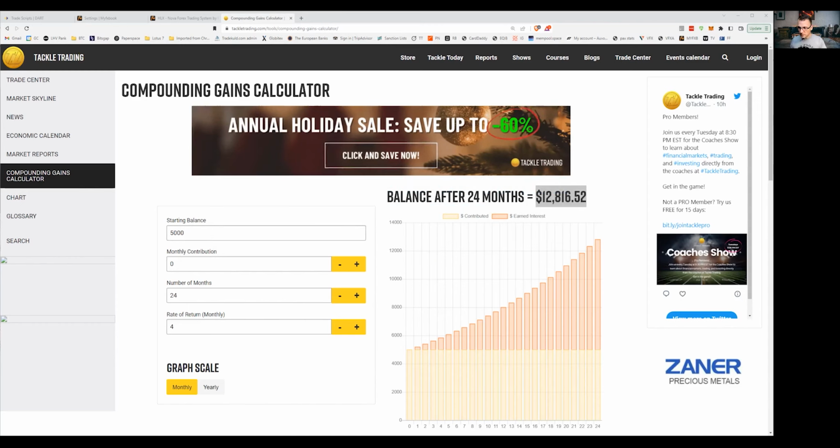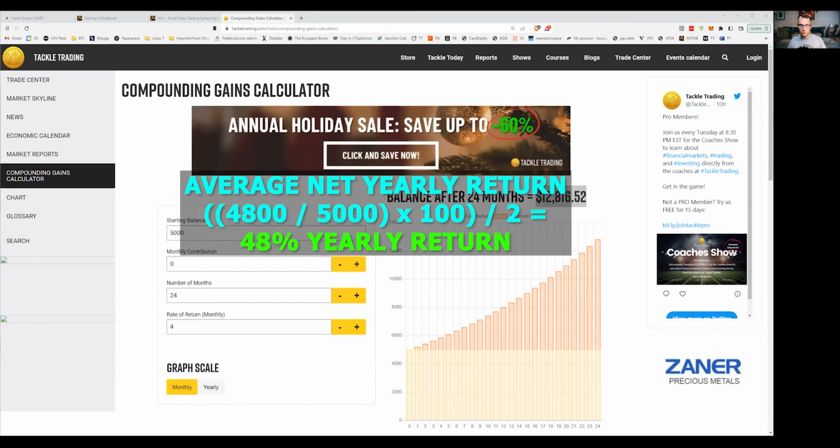Now, if I want to see how much rate of return is this per year, I'm gonna have to divide this number with the initial capital. So it's 4,800 divided by 5,000 gives me a return of 96% in 2 years time.